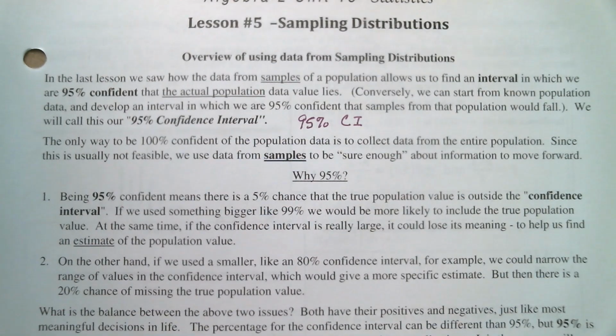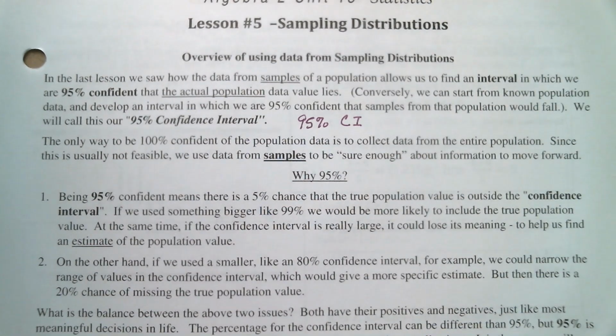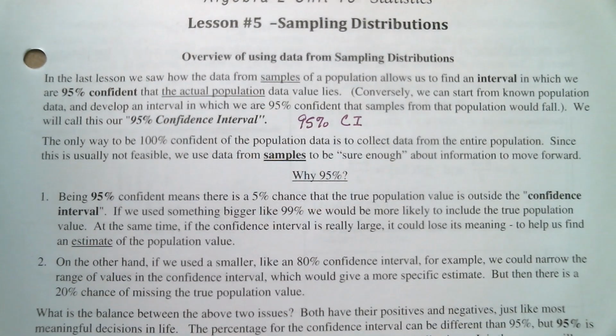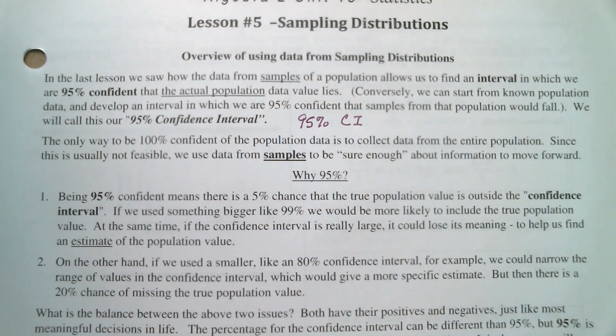The only way to be 100% confident of the population data is to collect data from the entire population. Since this usually is not feasible, we use data from samples to be sure enough about information to move forward. Why 95% and not some other percentage?